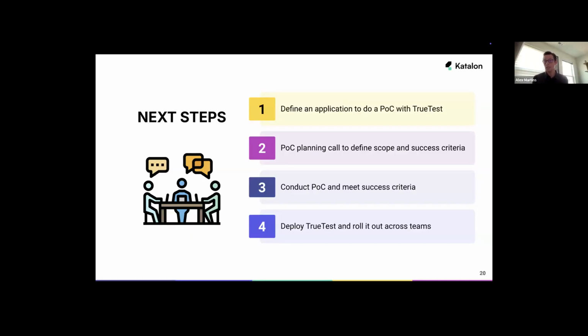We would do a planning call to really go through the scope of your proof of concept and define success criteria, because that's usually something very interesting. TrueTest is new technology, so how do you define what is success during a POC? Now we have experience from the beta program to help guide you through that. We'll help you conduct the POC and make sure you meet that success criteria, and then you're free to deploy TrueTest across your team.